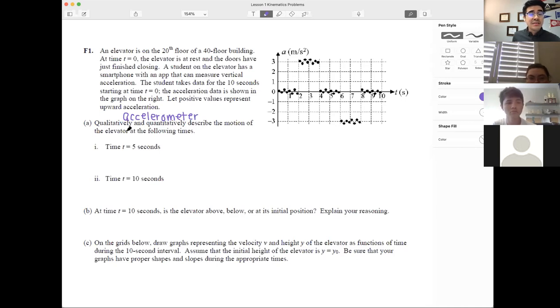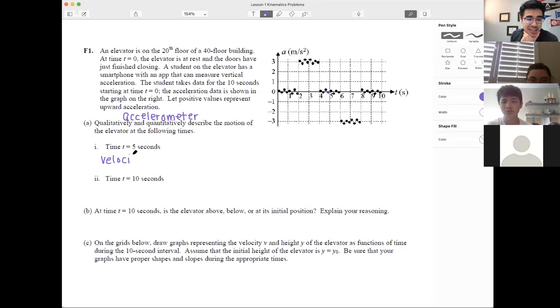So qualitatively and quantitatively describe the motion of the elevator at the following times. At t equals 5 seconds, what is this elevator doing? Its velocity is constant.